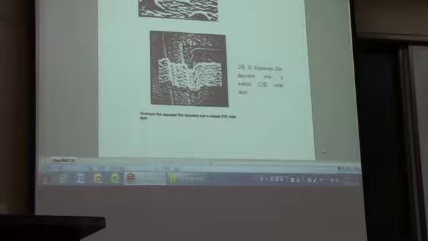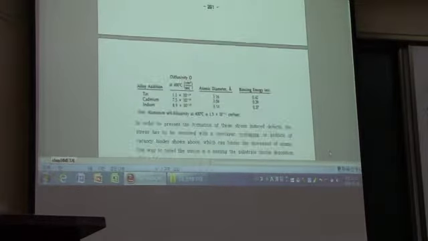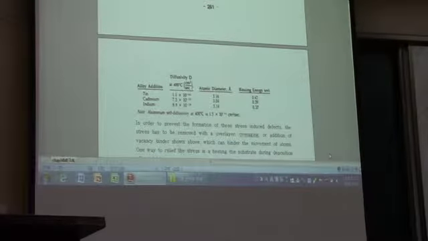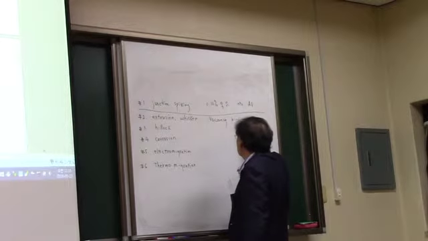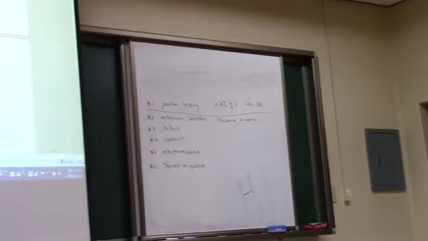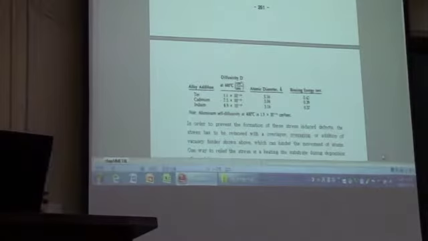And those three, extrusion, whisker, and hillock, are related with the diffusion of atoms. So to prevent this, we're going to add the vacancy binders. Vacancy binder means it is going to make the metal atoms heavy.